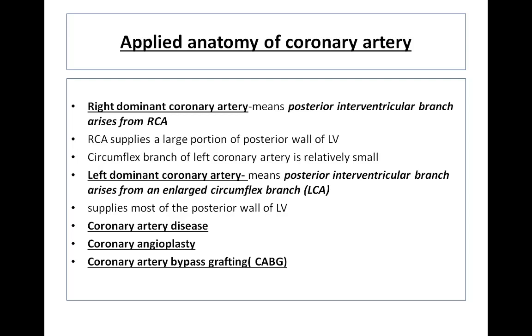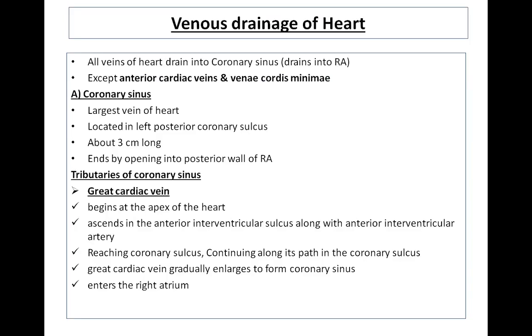We will bring a vein from another part of our body, and this vein will join the proximal and distal parts of the coronary artery. That is called coronary artery bypass grafting, CABG. Mostly we take the saphenous vein as well as the internal thoracic vein.